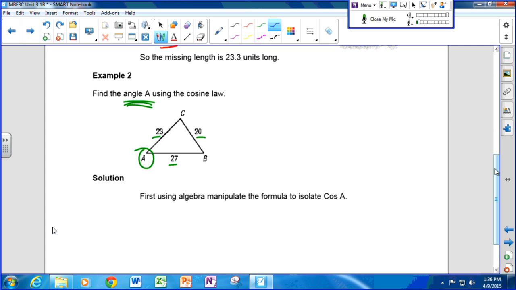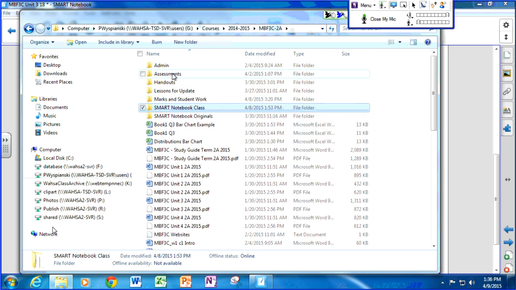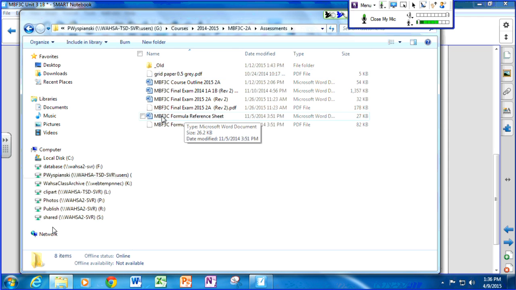Okay. Now, in the case of this, you're going to find angle A using the cosine law. In this case, we have to rearrange the formula to isolate cosine of A. Okay, so we did that from first principles during the course material. Let me take a look at the formula reference sheet.